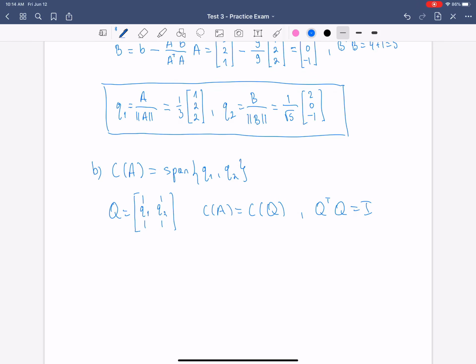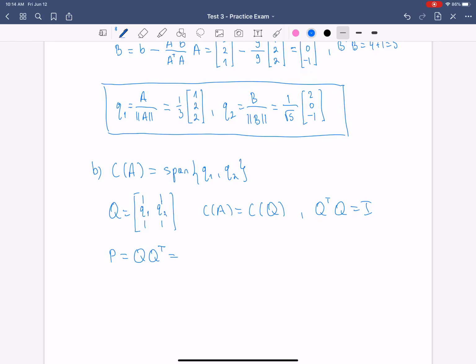Well, this is not an orthogonal matrix because it's not a square matrix, but in the case when the columns of a matrix are orthonormal, the projection matrix is simply Q Q transpose. So from here, I immediately have the projection matrix. I don't have to compute many products. And in fact, this comes out quite nicely.